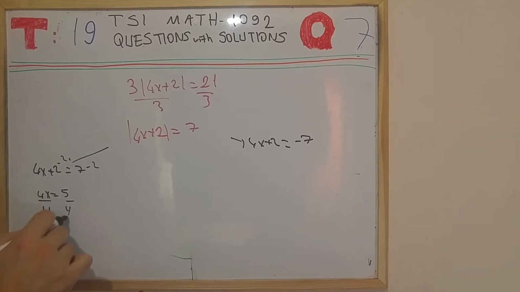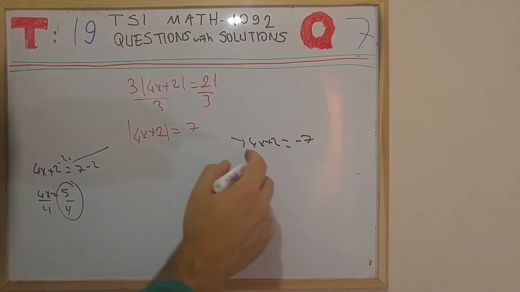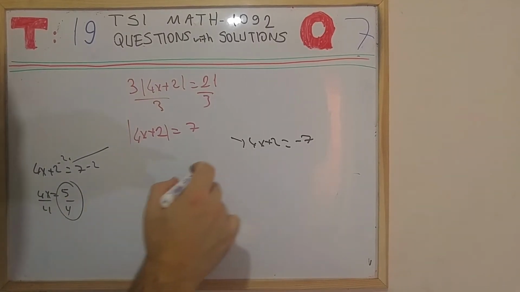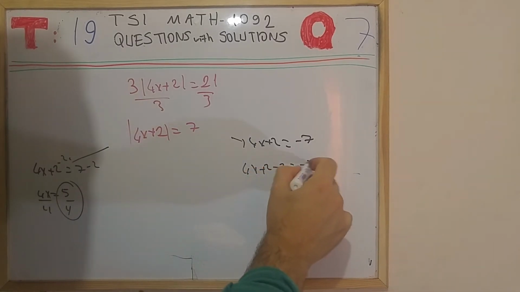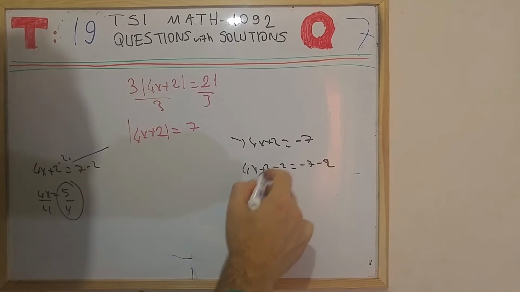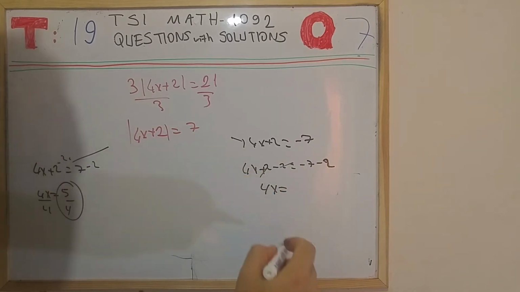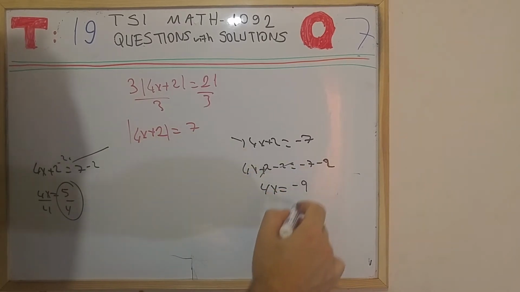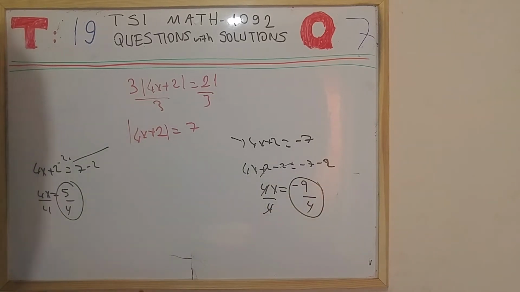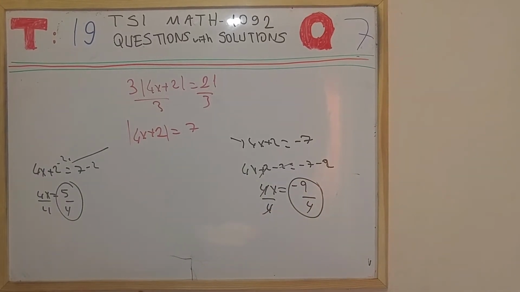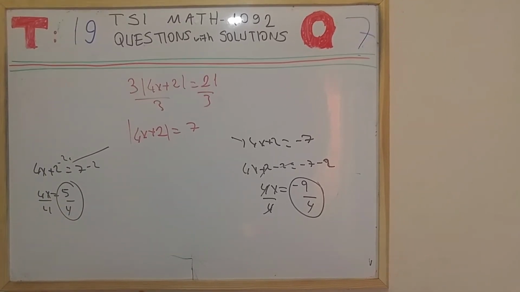Dividing each side by 4, x would be equal to 5 over 4. And for this case, 4x plus 2 minus 2 is equal to minus 7 minus 2, that is equal to minus 9, so x is equal to minus 9 over 4. And the solution set consists of 5 over 4 and minus 9 over 4.